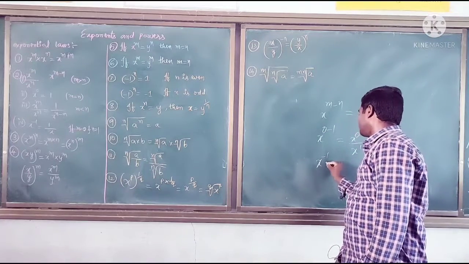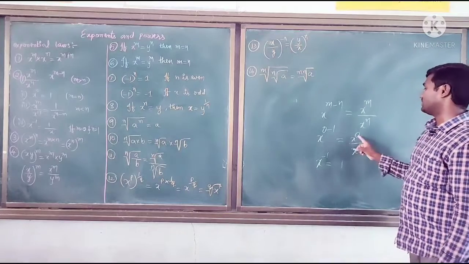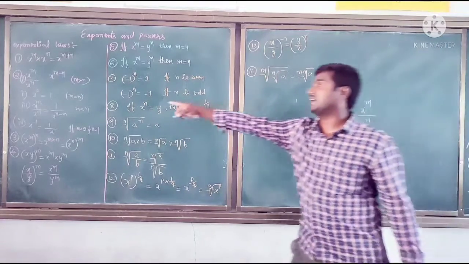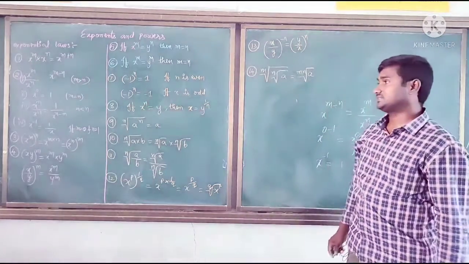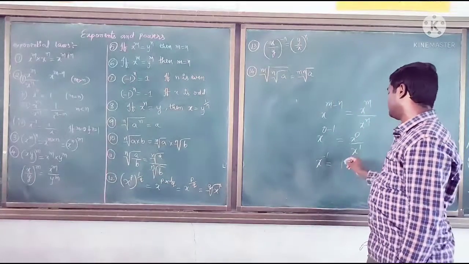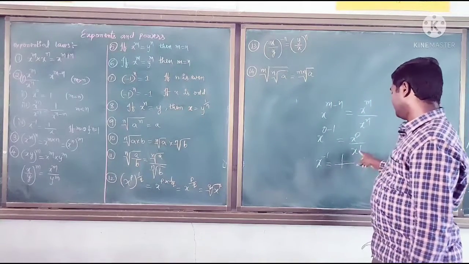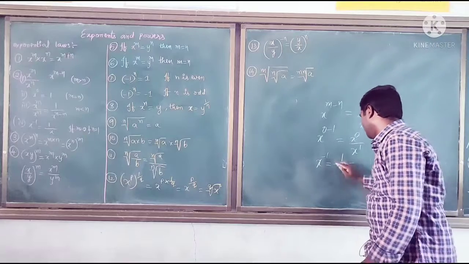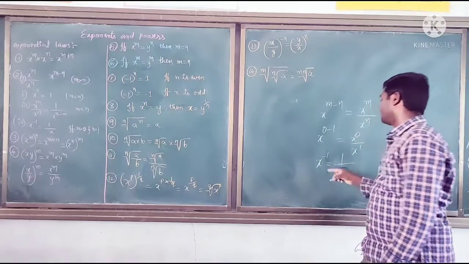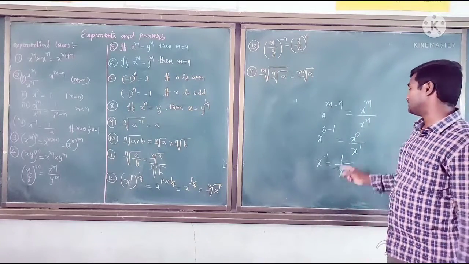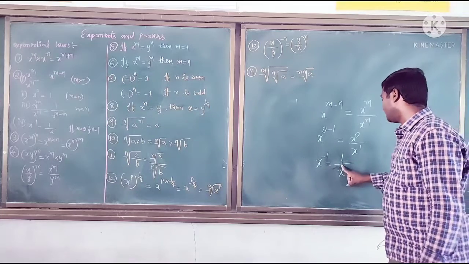So x power minus 1 equals x power 0 by x. What did we obtain for x power 0? 1 only. Anything power 0 is 1. So x power minus 1 is 1 by x power 1, which is nothing but 1 by x.